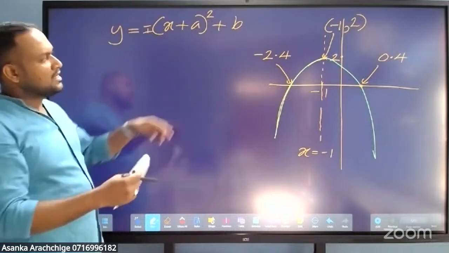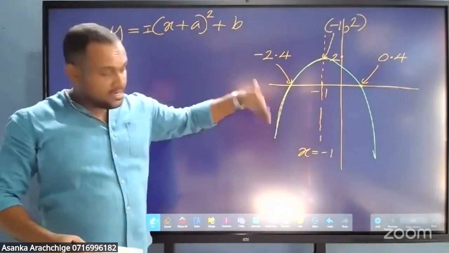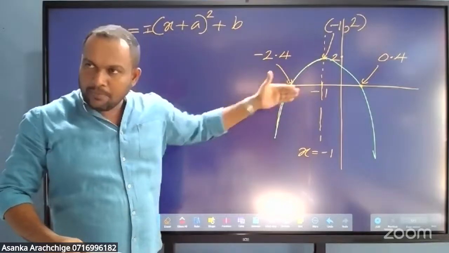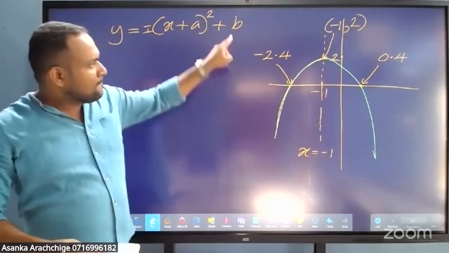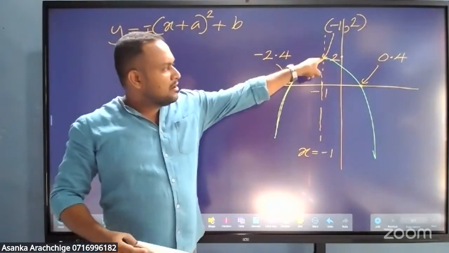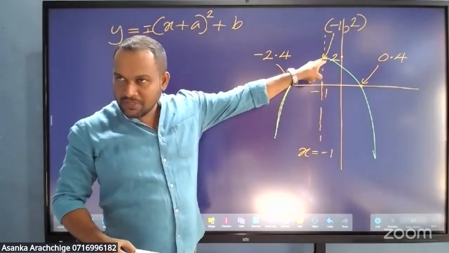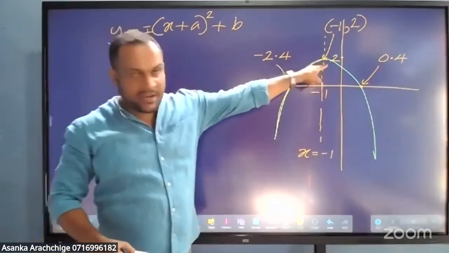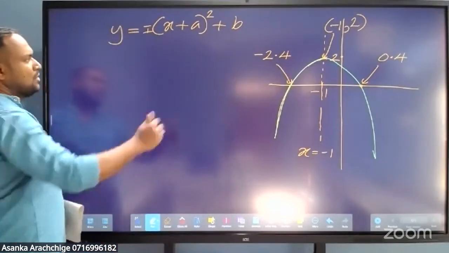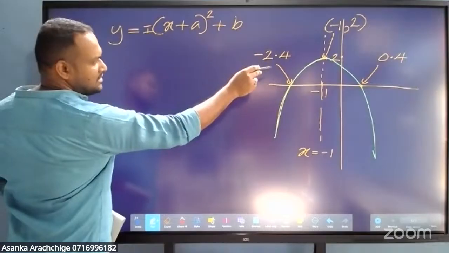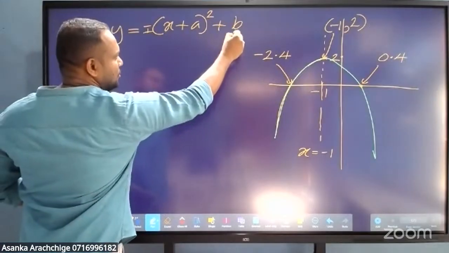Whether it is a maximum or minimum point, b is the y coordinate of the turning point. Understood? Then you can put b there. What is b? b must be 2.